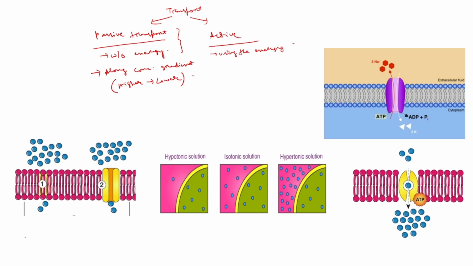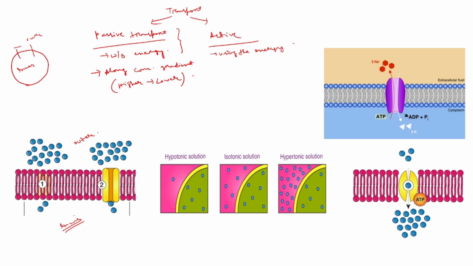Look at this structure. Let us say this is the outer layer, this is the inner layer. That means let us say this is the cell. It is the inner, it is the outer.